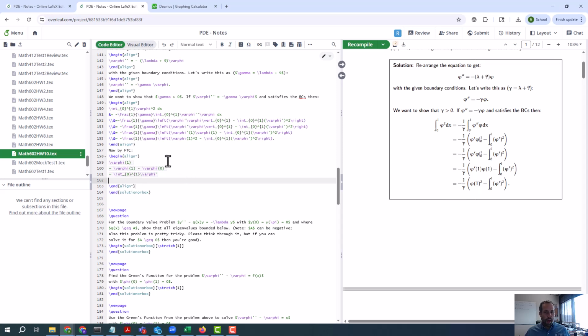So now by FTC and the Cauchy-Schwarz inequality, or the Jensen's inequality, we can write the following. We can make the following estimate. This integral here is going to be less than or equal to the square root of this.